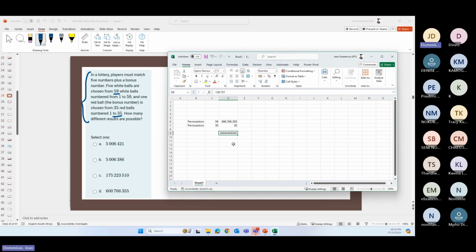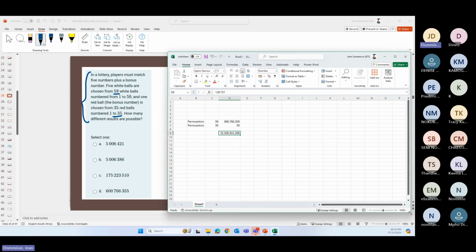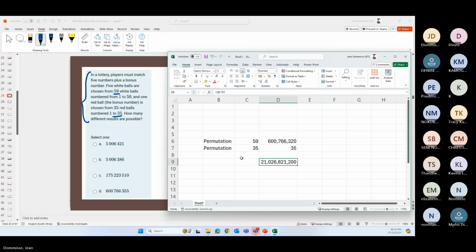Okay, so that is, if we were working with permutations, that would have been my answer. Okay, so there isn't one, but let's quickly check. In a lottery, players must have five numbers plus a bonus number. Five white balls are chosen from 59 white balls.